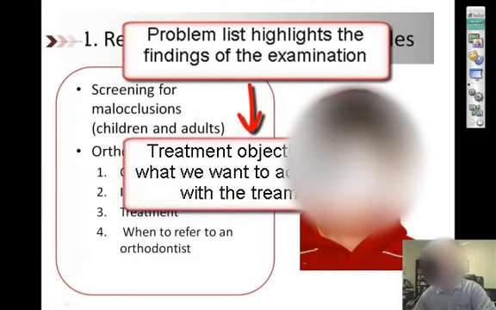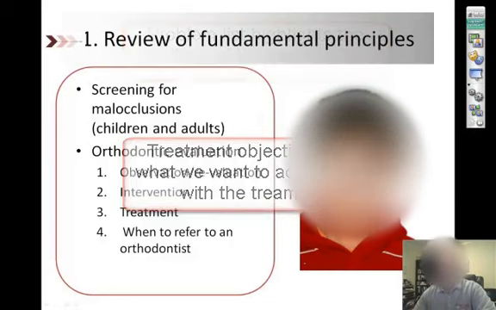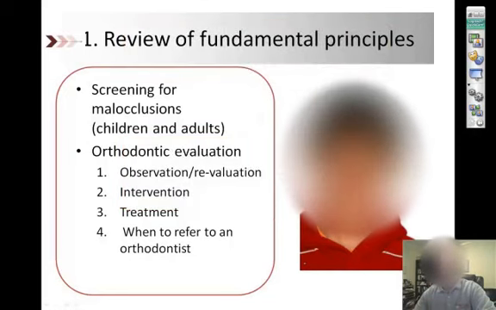Do I want to correct it or not? So the treatment objective would be correct malocclusion from class 2 to class 1. That's an objective. It does not yet explain or explore the different appliances you will be using and in which order or timing. So first, we're going to review the fundamental principles.